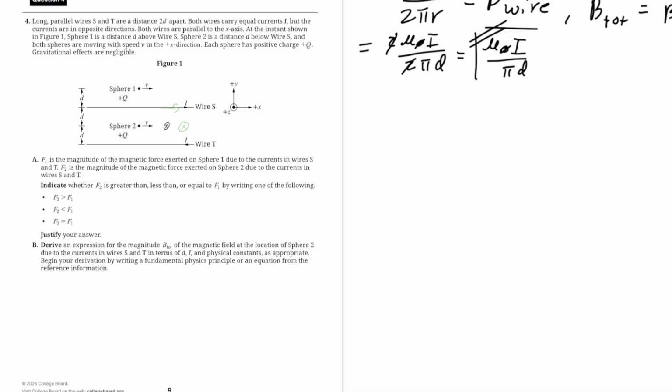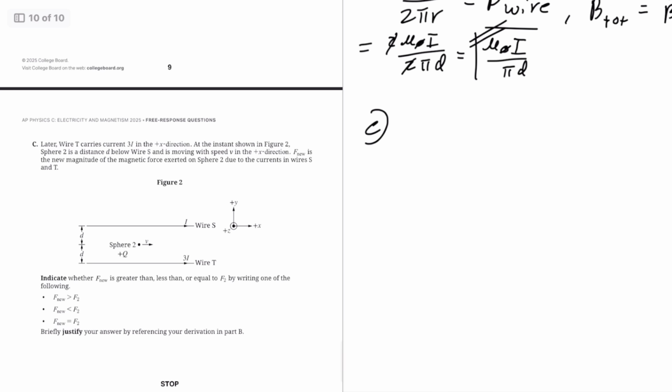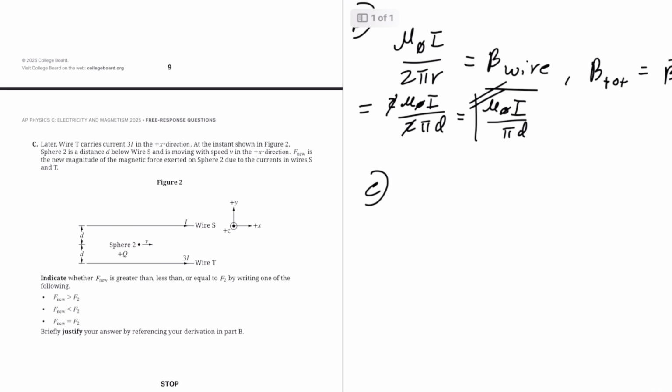Part C. Later, a wire T carries a current 3I in the positive x direction. At the instant shown in figure 2, sphere 2 is a distance d below the wire S and moving with speed v in the positive x direction. F new is the new magnitude of the magnetic force exerted on sphere 2 due to the currents in wires T and S. Okay.